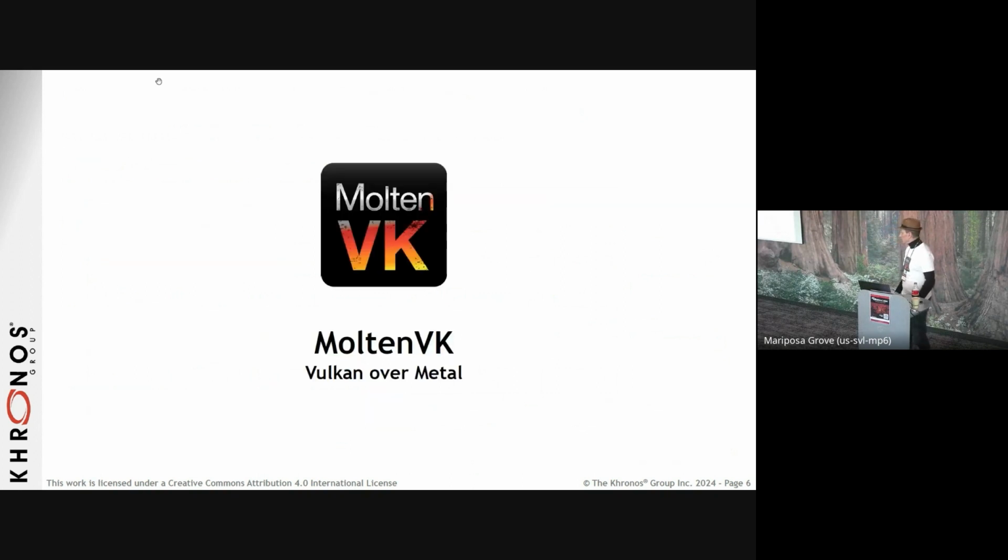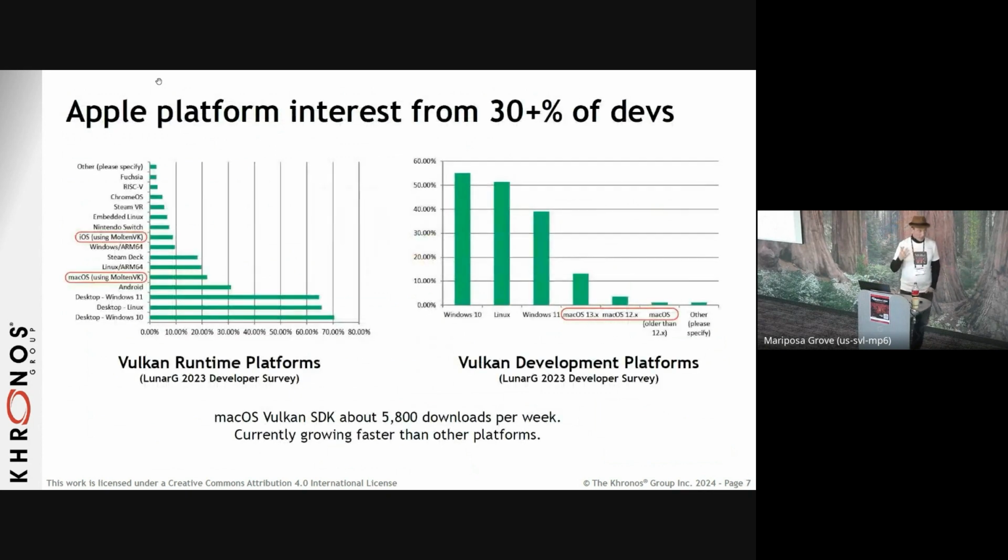Okay, now I'll get into MoltenVK as a product itself. Richard did a little straw poll about how many people are interested in the Apple platforms, and the results of the quick poll were similar to the results we're seeing in the larger ecosystem. This is the results of LunarG's annual survey. You all probably get a notice from LunarG with a bunch of questionnaire questions, and some of the results are posted here.